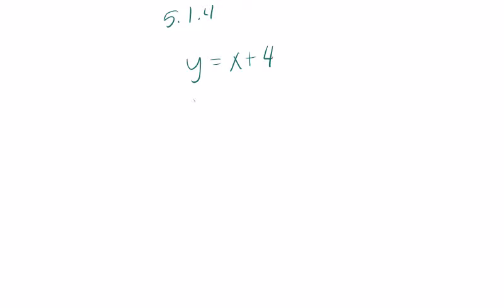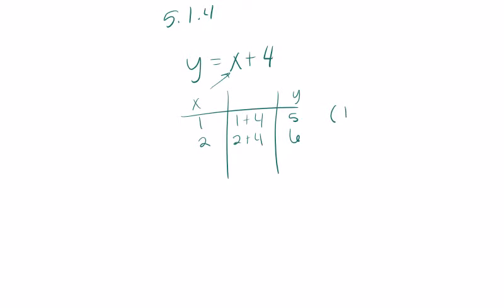So if x is 1, then that would be 1 plus 4, so y would be 5. If x is 2, that would be 2 plus 4, so y is 6. You with me? I'm just putting a number in for x, doing whatever I'm supposed to do with it, and then I get a y.